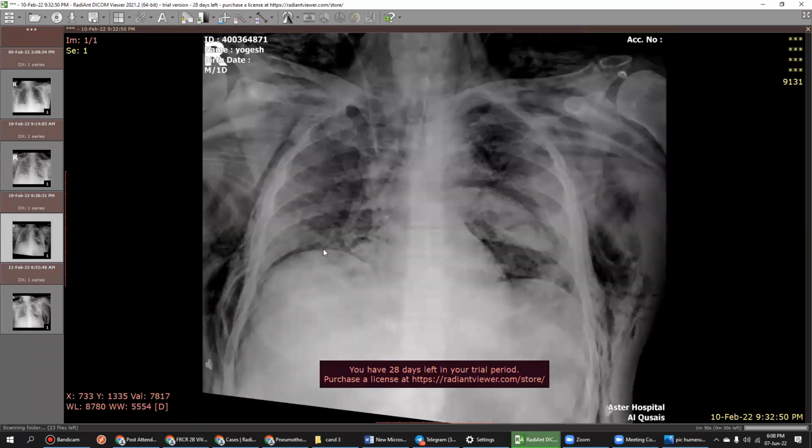Okay. This is a frontal chest radiograph of a skeletally immature patient. There is extensive surgical emphysema noted involving the whole chest wall.